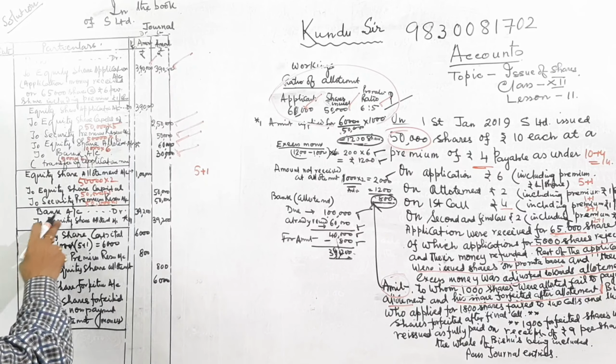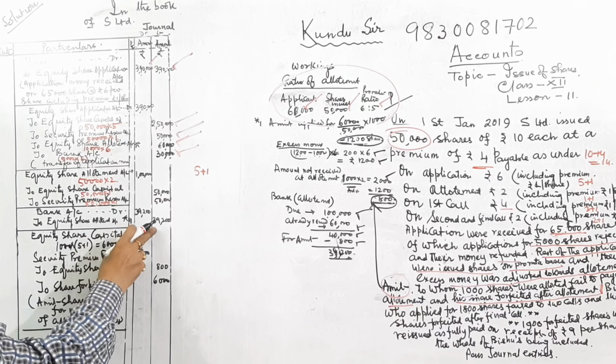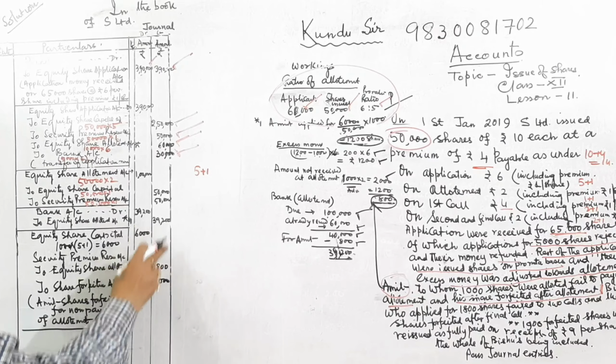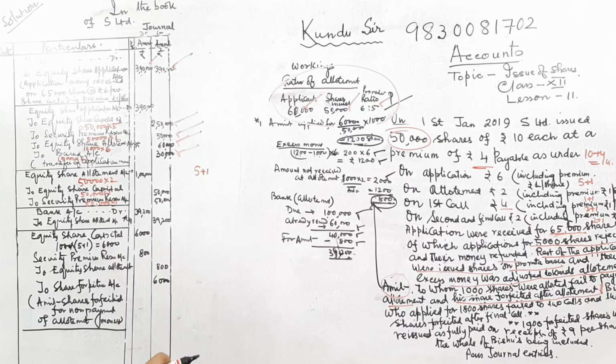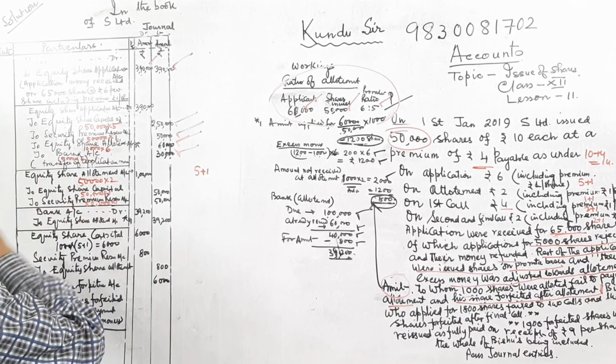So bank account debit to equity share allotment 39,200. That means 800 rupees is still lying in the share allotment account.